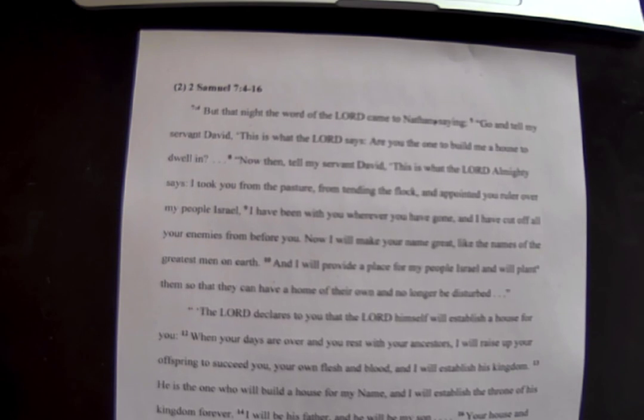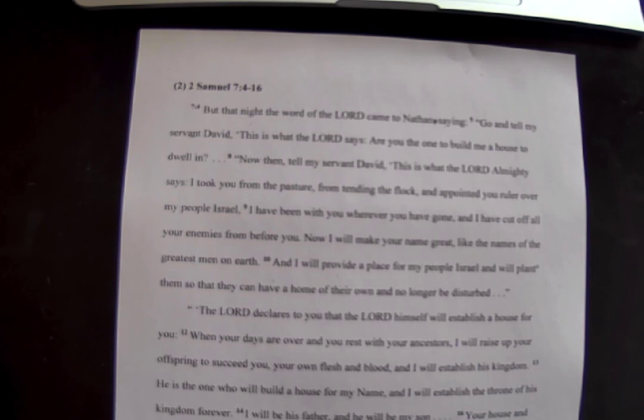What else? What are other indicators? Other indicators are changes of subject. So if the text is talking about Saul, and in the next chapter the text is now talking about David, you clearly have a transition there. That's very obvious.